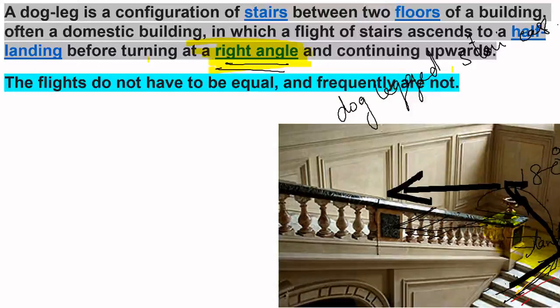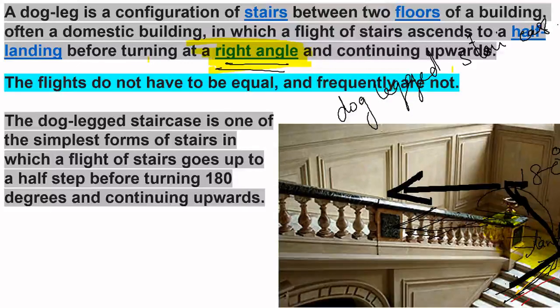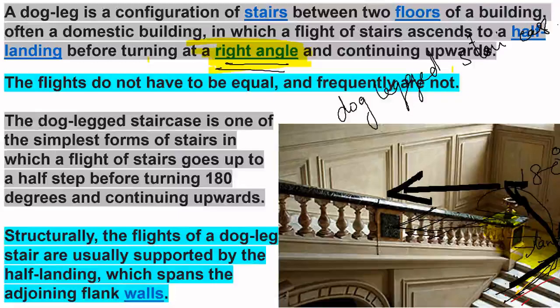The dog-legged staircase is one of the simplest forms of stairs in which a flight of stairs goes up to a half step before turning 180 degree and continuing upwards. Structurally, the flights of a dog-legged stair are usually supported by a half landing which spans the adjoining flank walls. Before turning, you will have a landing.